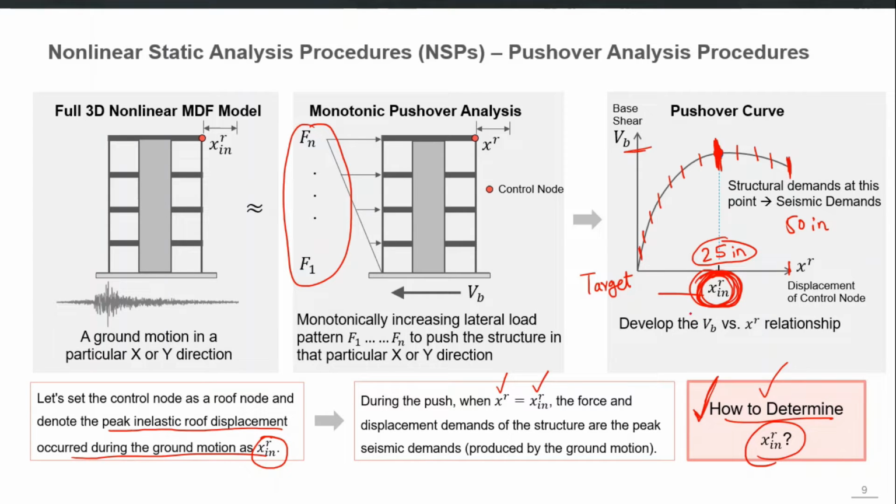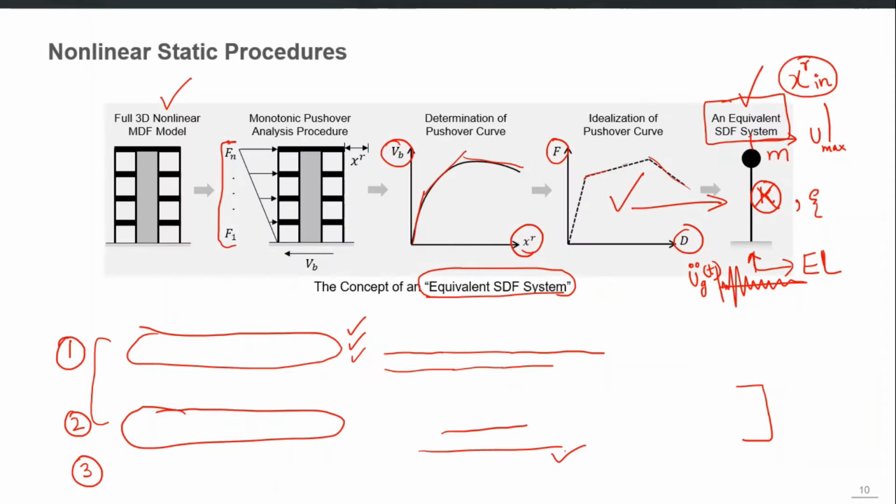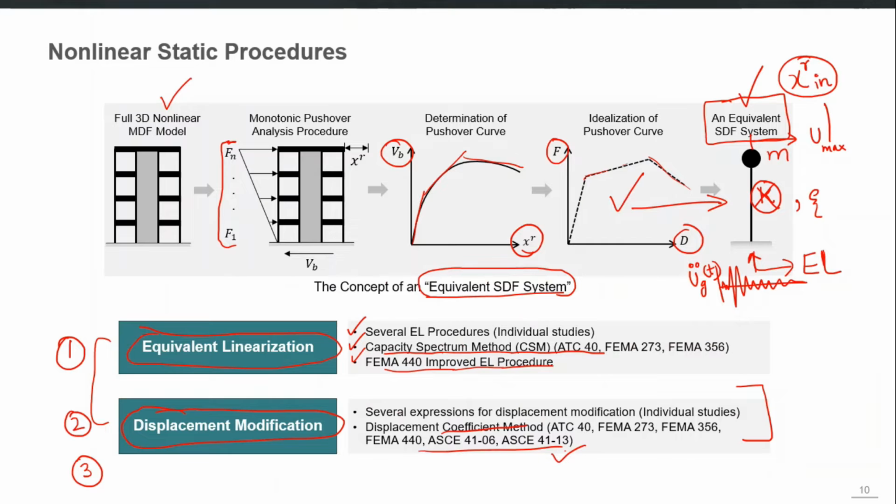And actually this is the idea which is used by several of the approximate analysis procedures which use more than one vibration mode, because the idea is that we can use the modal inertia load pattern to convert it into an equivalent single degree of freedom system representing only that mode of the building, and we can do it for each vibration mode, and then we perform multi-mode pushover analysis. This is the basic idea behind modal pushover analysis.